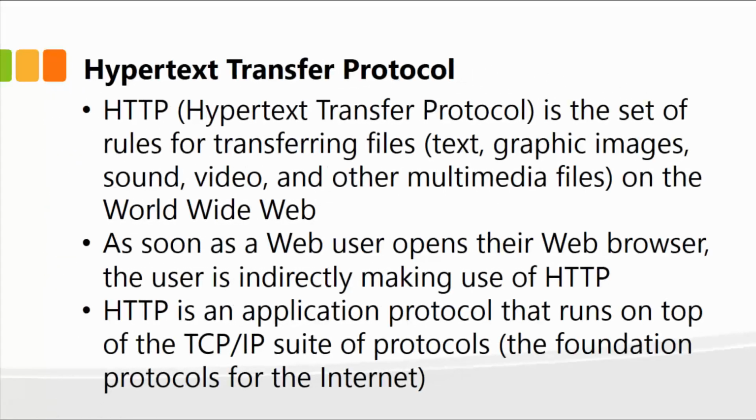In order to perform communication among all these computers spread all across the world, we need to use a certain medium, and that's called HTTP. It's basically the Hypertext Transfer Protocol, which is a set of rules for transferring files, images, videos, and any other multimedia files on the World Wide Web.